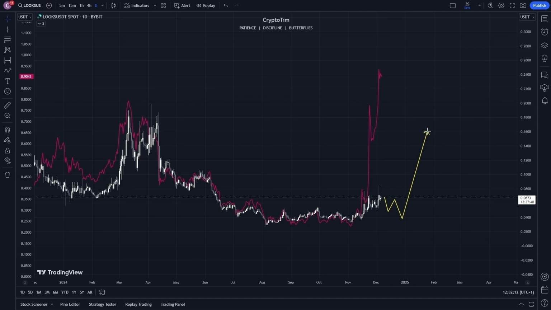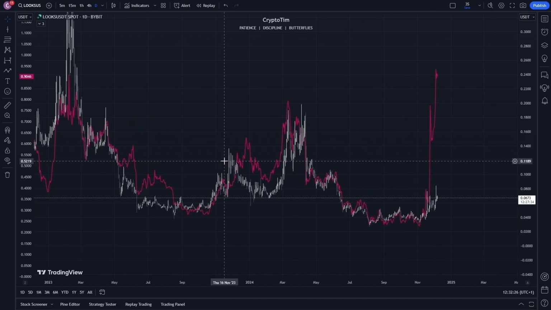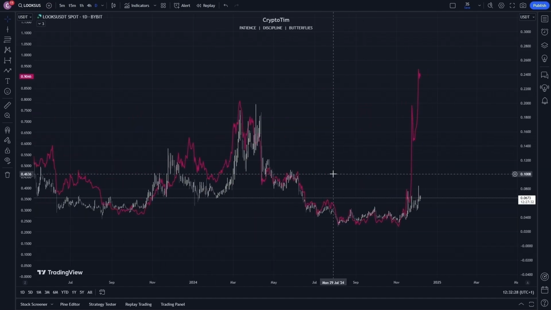On spot, you just have to hold the bags and be patient and wait for its run up. So, for example, Lux now shows some potential to fly up. Of course, as always, this is not financial advice. You have to do your own research. I will be looking into Lux later today and see if I can find some nice entry prices and TP targets.